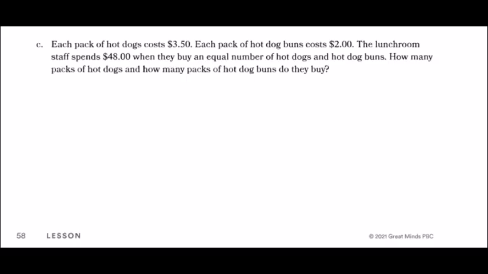So each pack of hot dogs costs $3.50. Each pack of buns costs $2. The lunchroom staff spends $48. They buy an equal number of dogs and buns. How many packs of dogs and how many packs of buns did they buy? So, let's go with, maybe they bought 40.